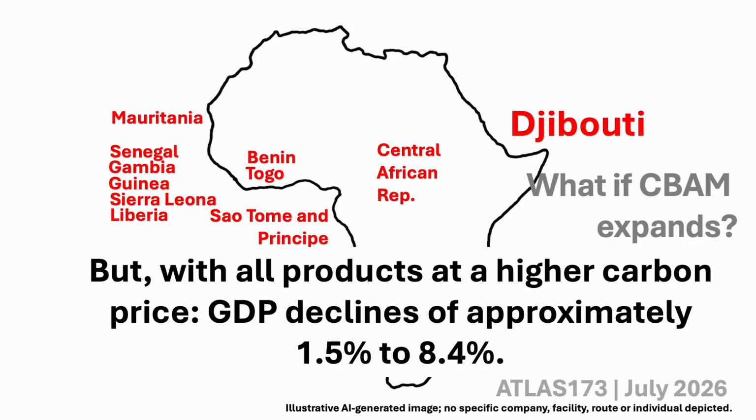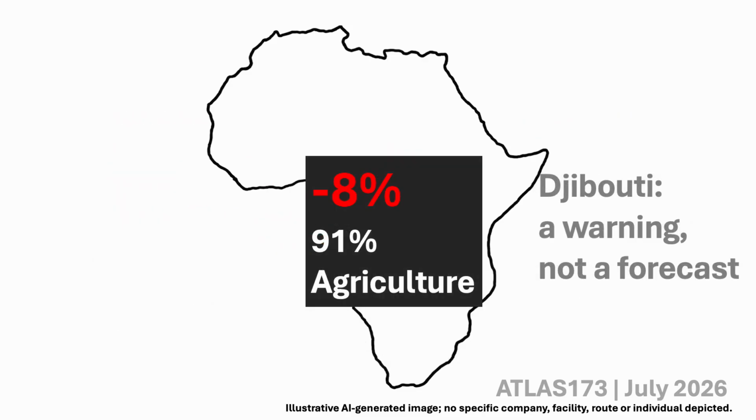But this is an important signal that we all have to pay attention to. In the case of Djibouti, the study identified it as the hardest hit economy under this scenario of generalized CBAM coverage, with an estimated decline of approximately 8%, with 91% of the modeled reduction in agriculture.